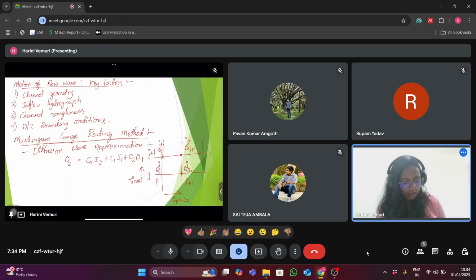So we are doing both time and space computation. Q(i+1,j+1) is equal to C0 into Q(i,j+1) plus C1 into Q(i,j) plus C2 into Q(i+1,j).